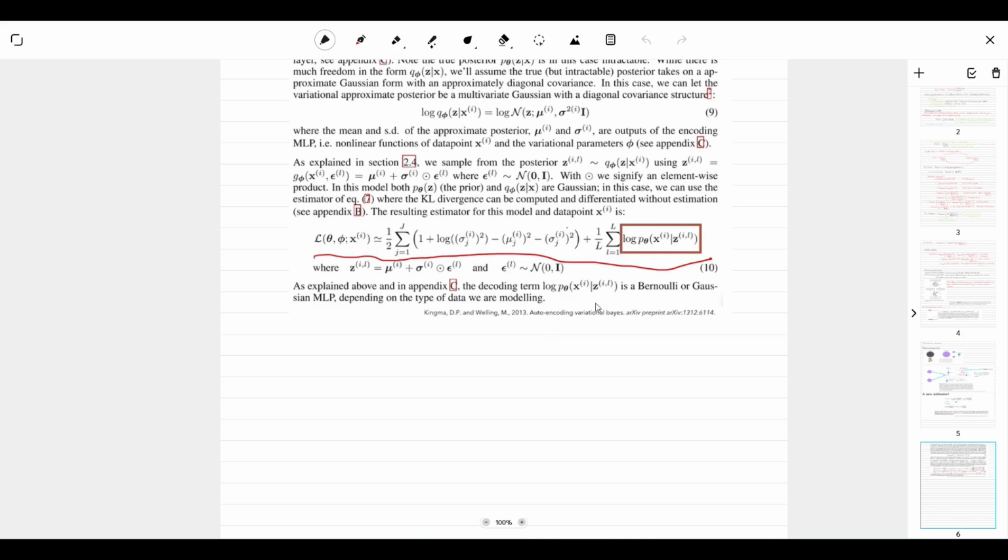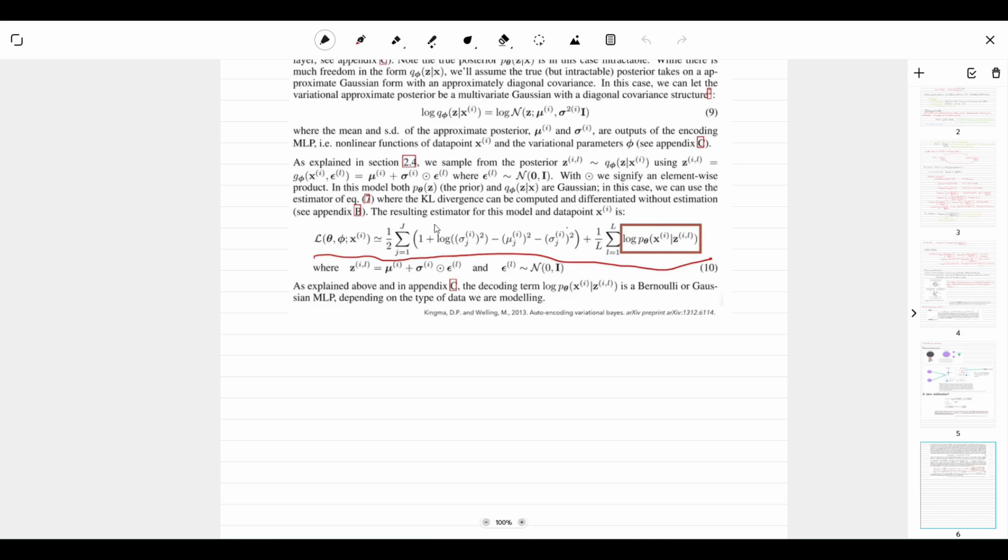Let's break down the terms in the final loss function. Term 1 is this particular term here, the regularization loss or the KL divergence loss. So the first part, the large sum, is the KL divergence term, which we got in the evidence lower bound formula.